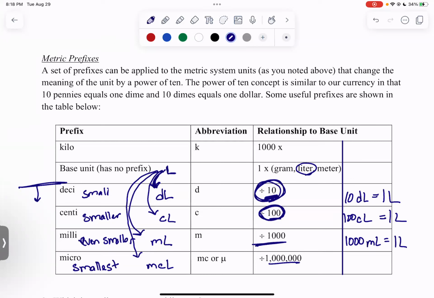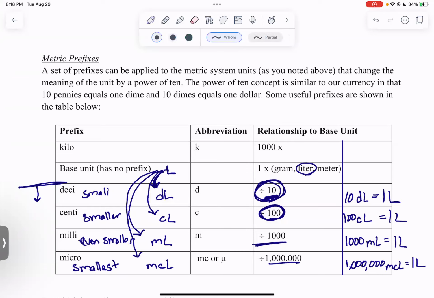Keep going to micro. Oh my gosh, we need even more. We need a million microliters to equal 1 liter. So as we go down the table, that prefix says it's an even smaller and smaller amount.